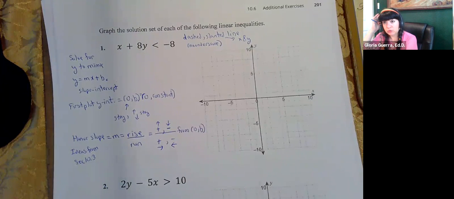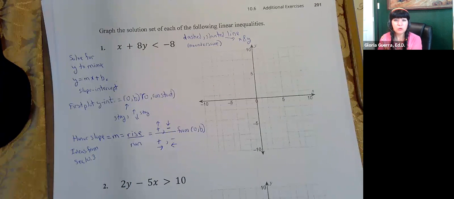So this will give you another opportunity if you need more practice, if you're not so comfortable with the lesson from 10.3, because you need to know that lesson. We're not graphing using a table. We're graphing using slope-intercept form. So this will help you reinforce that.